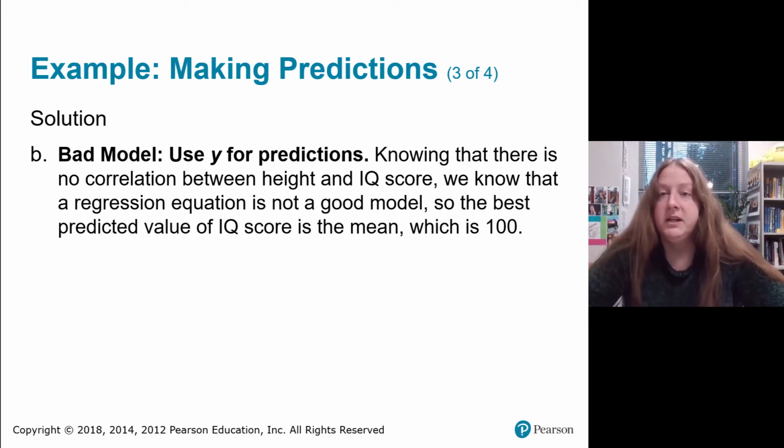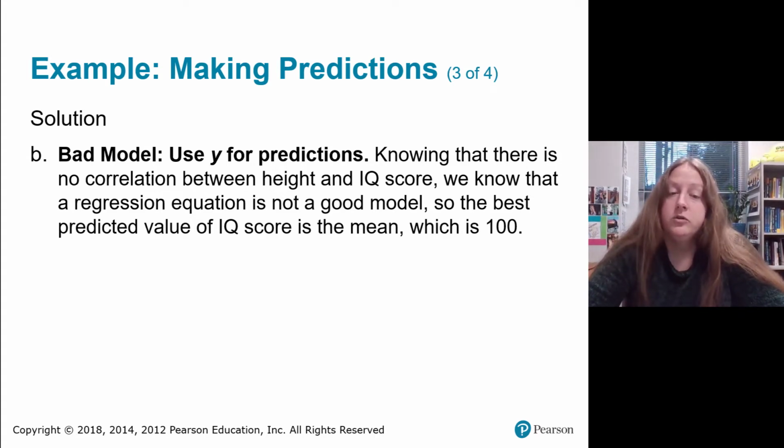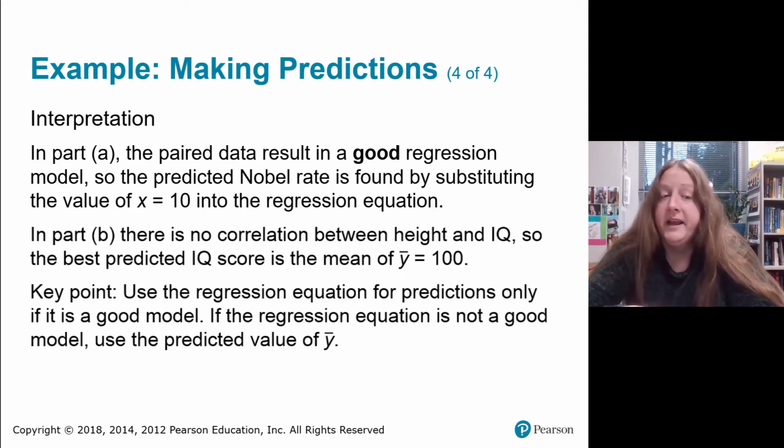And the mean of IQ scores is 100. So we'll make the prediction that the IQ of a person with a height of exactly 175 centimeters is going to be 100. So again, in summary, part A, paired data had a good regression model, so we used that to make the estimate or prediction. And part B, no correlation, so we instead used the mean as our estimate.